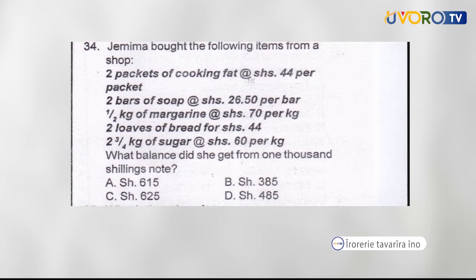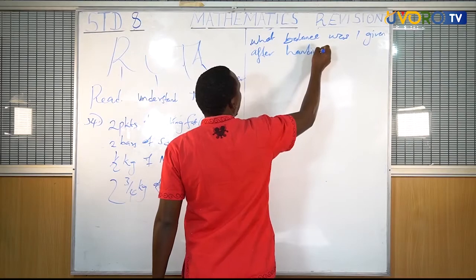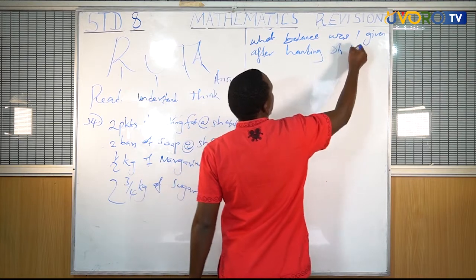What balance was I given after giving shillings 1,000?